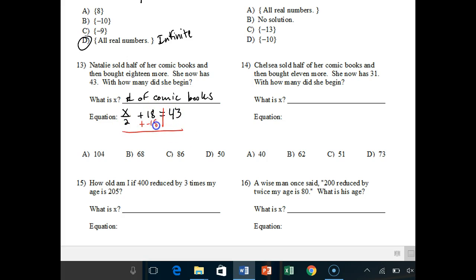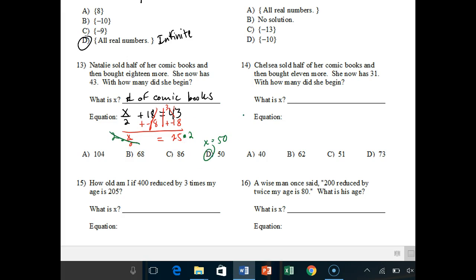Add negative 18 to both sides. Drop down x over 2 is equal to 25, right? Borrow here, this is 3, that's 13. And then if you remember x over 2, you don't divide that by 2, you multiply both sides by 2. We see division, so therefore we multiply, so x is equal to 50.